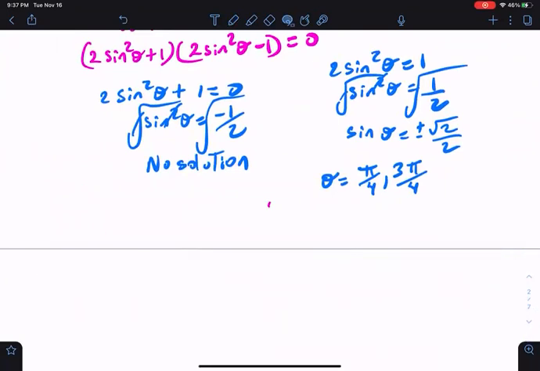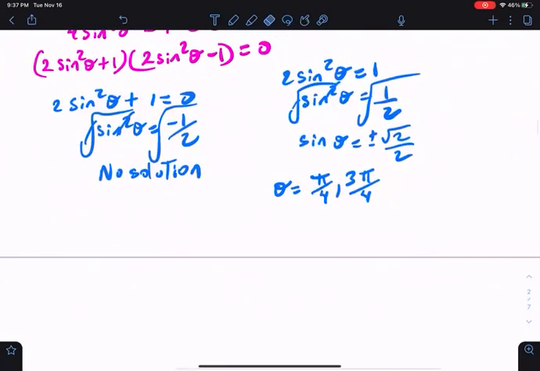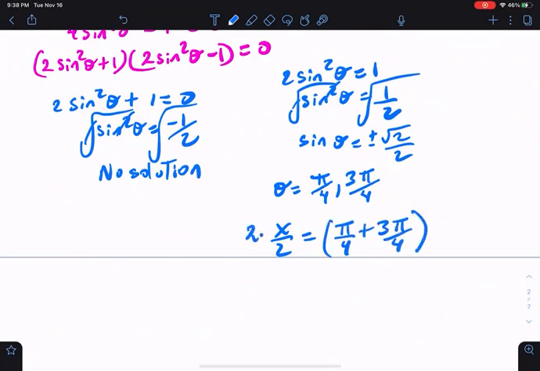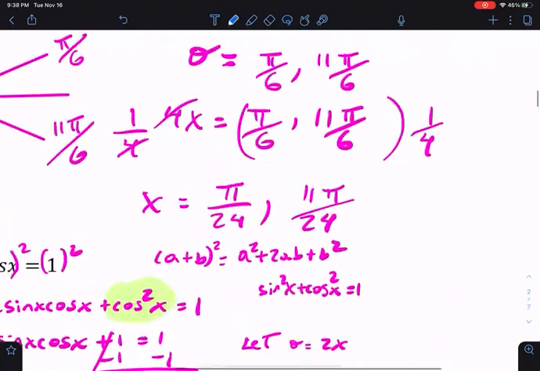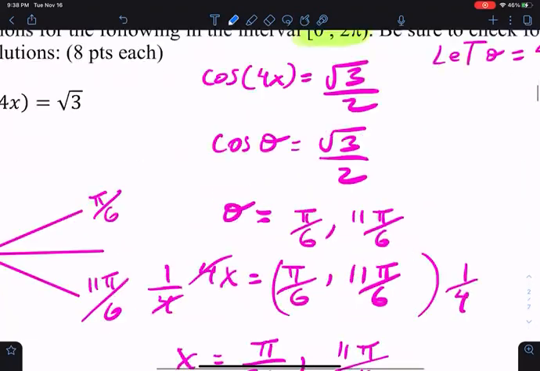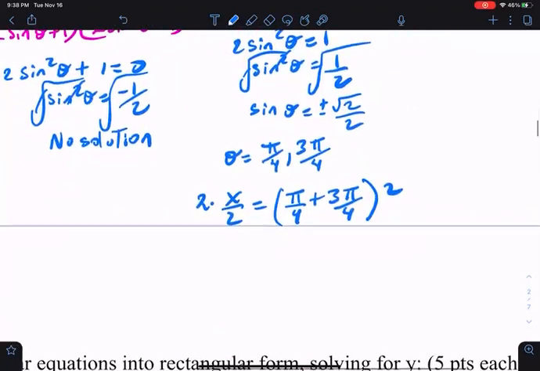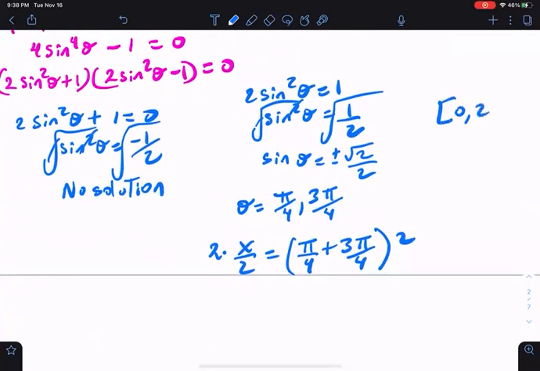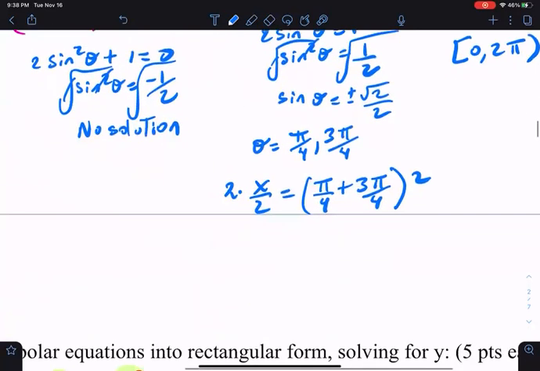So if we let theta equal x over 2, I need to multiply both sides by 2. And this is the restricted domain, from 0 to 2 pi. So I don't need to put all the possible solutions, only 0 to 2 pi. So this cancels out.